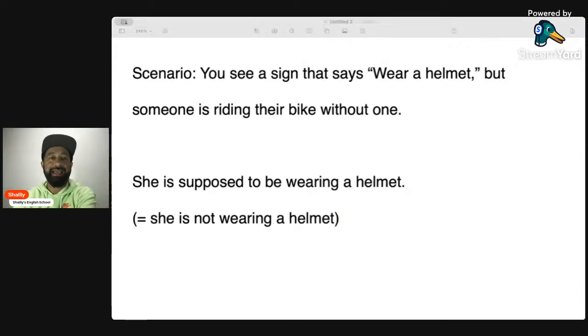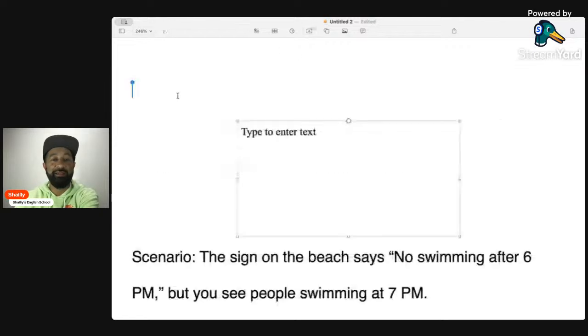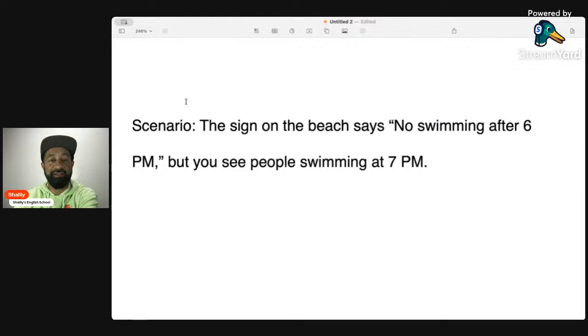All right, and last one will be for homework. If you're counting, that would be 20 phrases, 20 scenarios that we are doing. So if you want to label your homework, you can label it as question number 20.